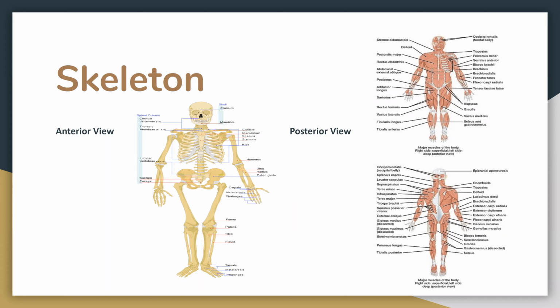And then if you go down to the lower extremities, you have your femur, your patella, your tibia, your fibula, and your tarsals, metatarsals, and phalanges. And obviously on your head, you have your cranium that protects your brain and your mandible. So very good anterior view, and then on the posterior view, specifically on the muscular side of the musculoskeletal system.